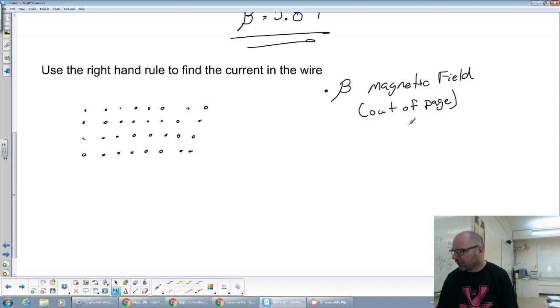We're not going to worry about the size, we're just going to worry about the direction that it's in. And let's say that we have a wire sitting in it.